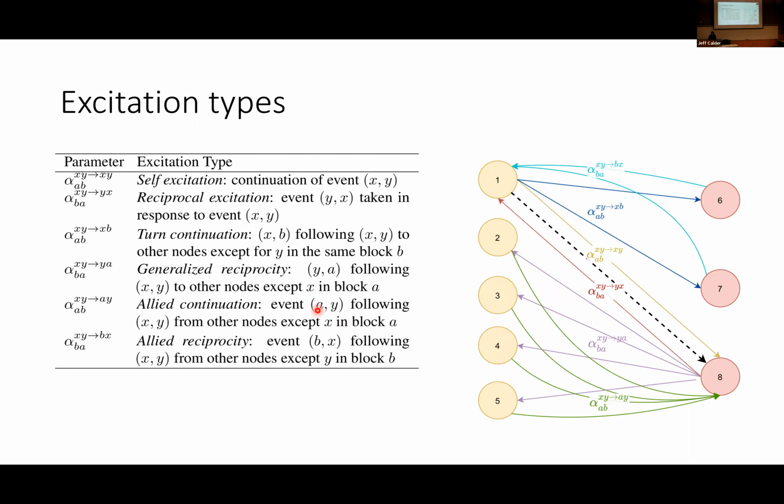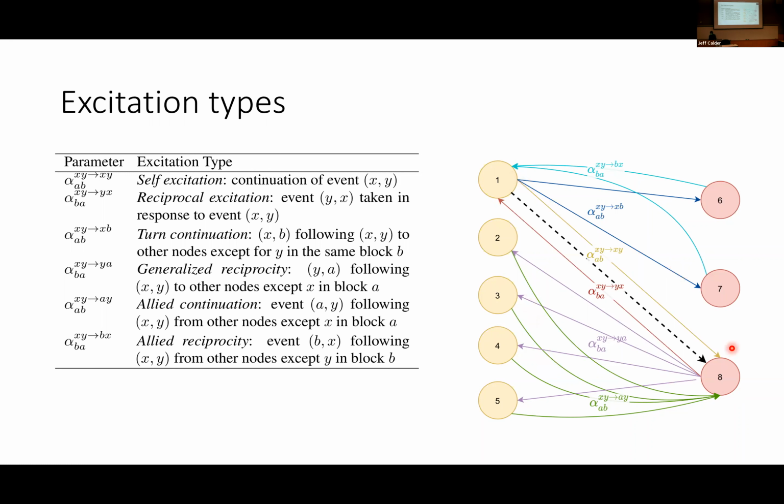And then these last two were really motivated by this militarized disputes application. We have allied continuation, which is after country 1 threatens country 8, the allies of country 1 also go and threaten country 8. So that's these green lines here. And similarly, we have allied reciprocity. So after country 1 threatens country 8, the allies of country 8 here come back and threaten country 1.